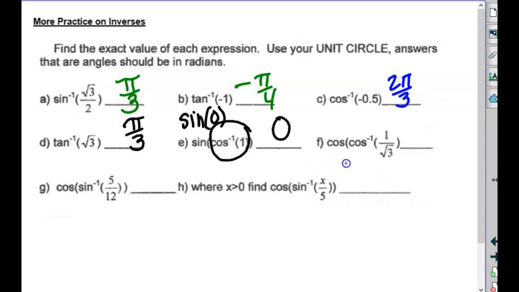Is that what your paper says? Yeah. Okay.